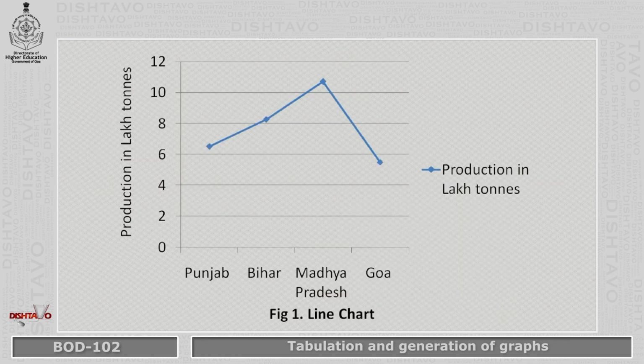So when you generate a line graph, it looks something like this. The graph has a figure name, figure number, and the line chart is shown in blue. The production in lakh tons is given on the y-axis and the states are on x-axis.